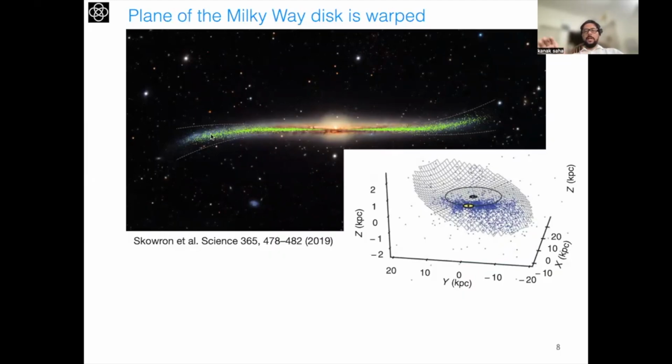This is the classic S-shaped warp, shown in this 3D plot with Z on this axis and X and Y on these. These blue or green dots are Cepheid variables, for which we can measure the distance very accurately, and one can map them to trace the warp of the Milky Way, thanks to the Gaia satellite for allowing us to do that.